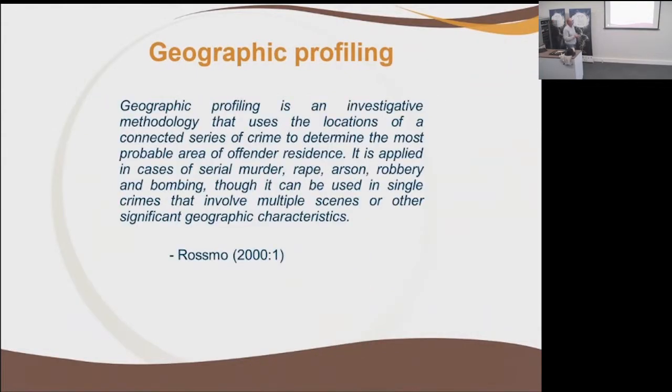Geographic profiling. You're trying to figure out where a serial killer or a serial rapist resides or operates from, based on the locations of incidents. So we want to look at serial murder, serial rape, serial arson.